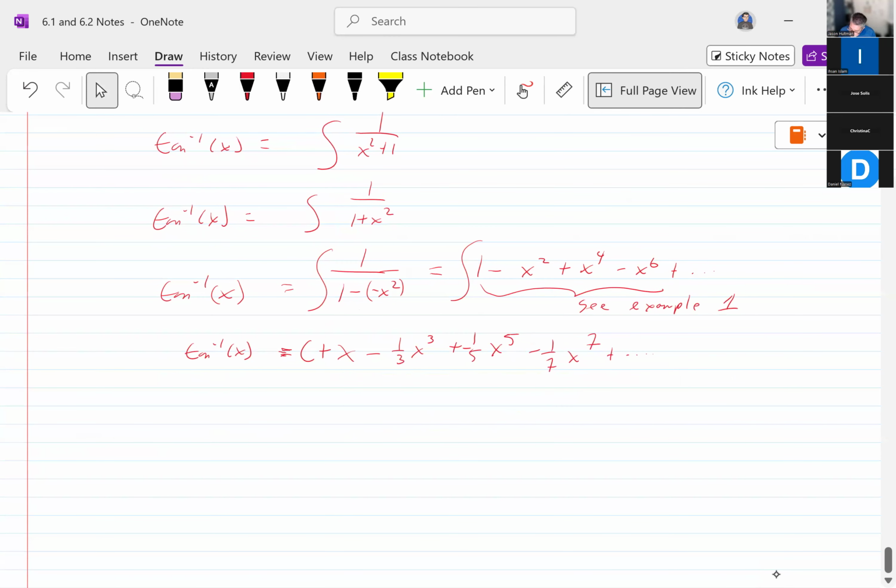Well, first let's deal with the constant. What's the constant going to be? If I let x be 0, everything goes to 0, so all of that goes to 0 except c. But what is the inverse tangent of 0?